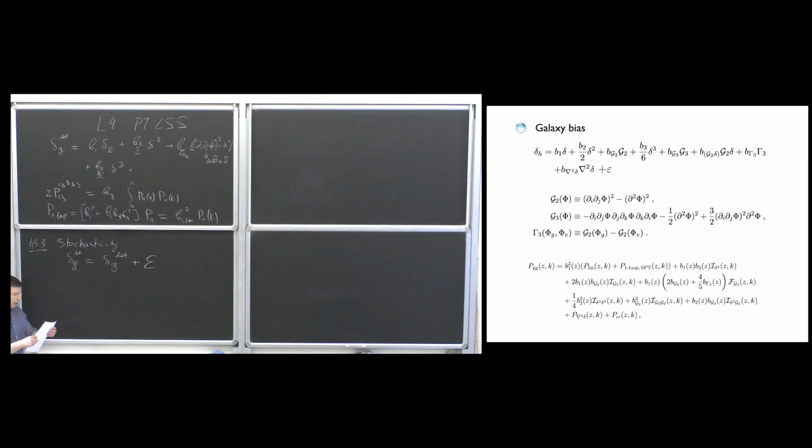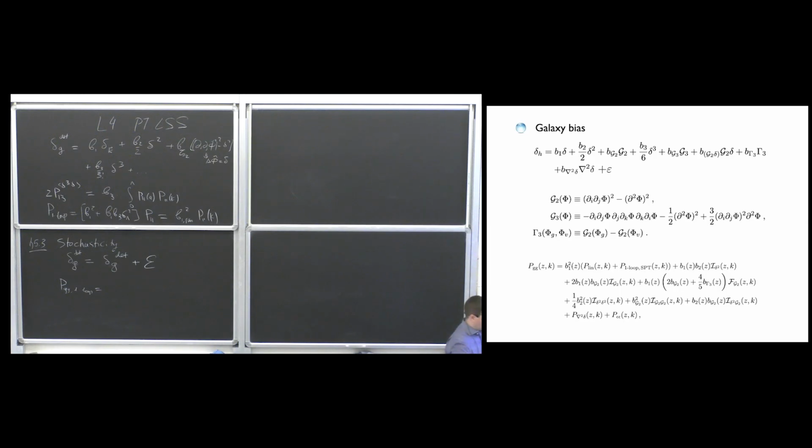We discussed last time that if you want to compute P galaxy one loop, we need to insert the perturbative expansion for the nonlinear density field of matter as a function of the linear field, and then Taylor expand everything, and it will produce a bunch of terms.